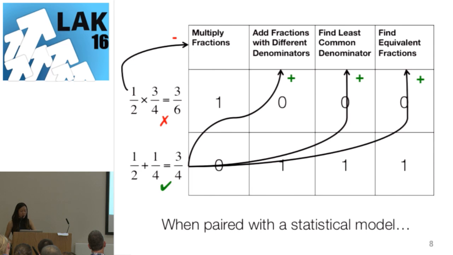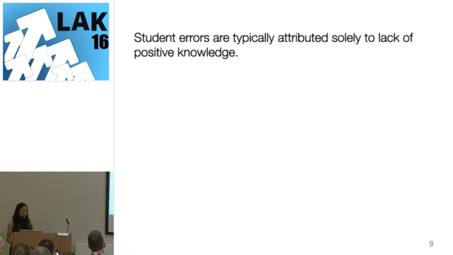All right, and if the student gets the multiplication problem wrong, the model typically will decrease the estimate of the student's knowledge of the fraction multiplication procedure in typical models. So the vast majority of educational data mining work has focused on estimating students' positive knowledge components. That is, knowledge components that really can only help performance on relevant tasks or problem steps.